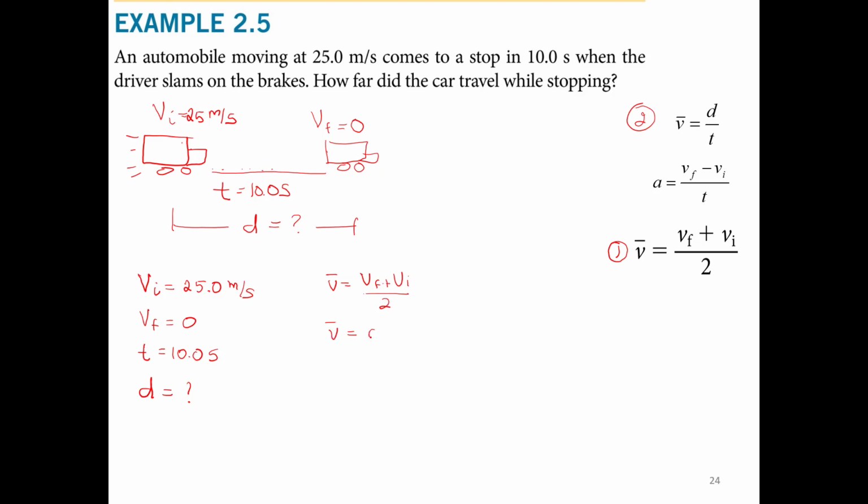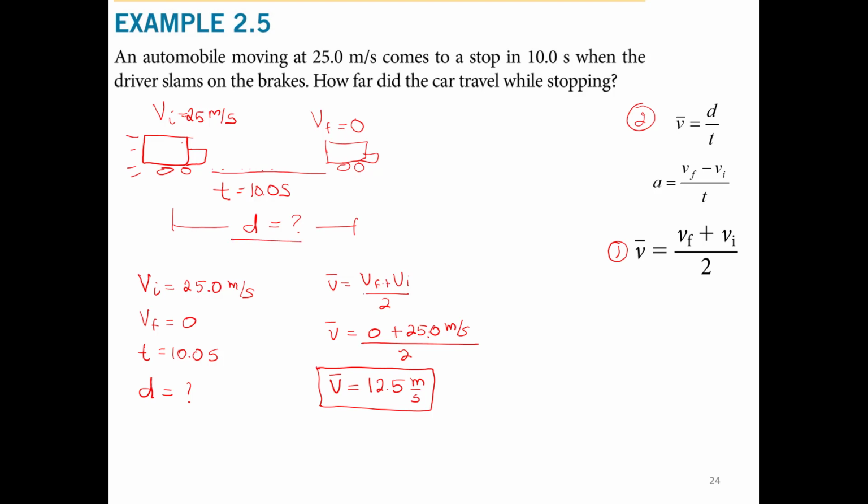The final is 0 plus 25.0 meters per second divided by 2. Then 25.0 divided by 2 will be 12.5 meters per second. That was the first part, but now we need to calculate the distance.